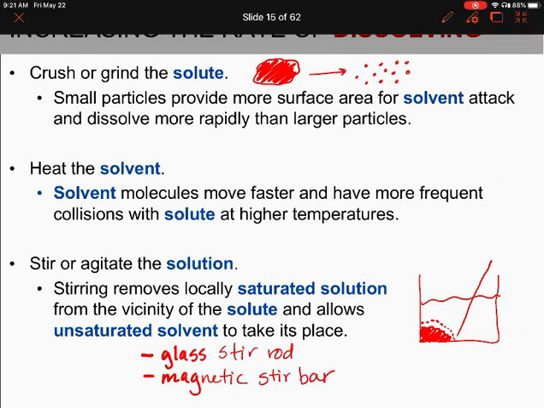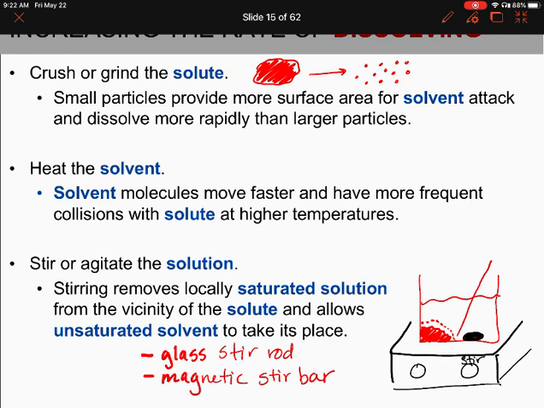So what we would do in that instance is put our beaker onto a hot plate. And we would want a hot plate that has a stir function. And then we would drop a magnetic stir bar into the solution. It almost looks like a little pill or capsule.